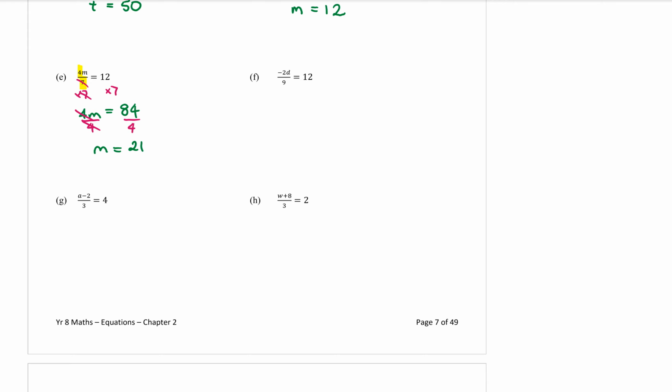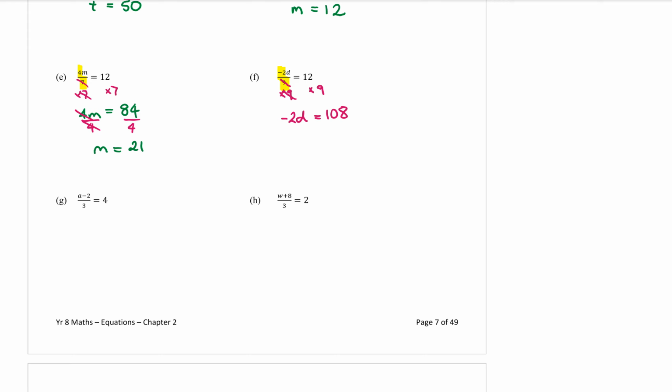Question F. We have the letter d here. That has been multiplied with the negative 2 and then divided by 9. So let's get rid of that 9. I want to times by 9 because it's on the bottom of a fraction. Cancel those away. So we have a minus 2d left, and 12 times 9 is 108.